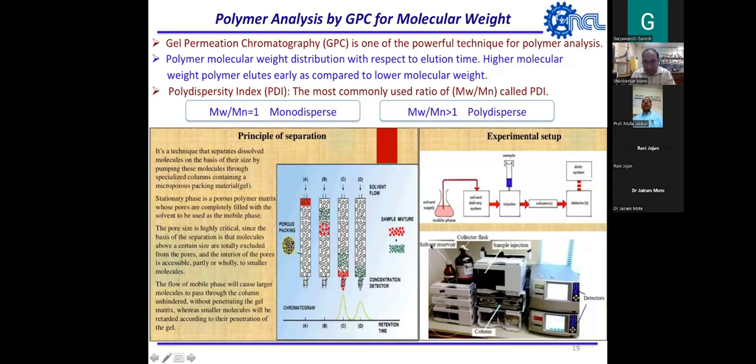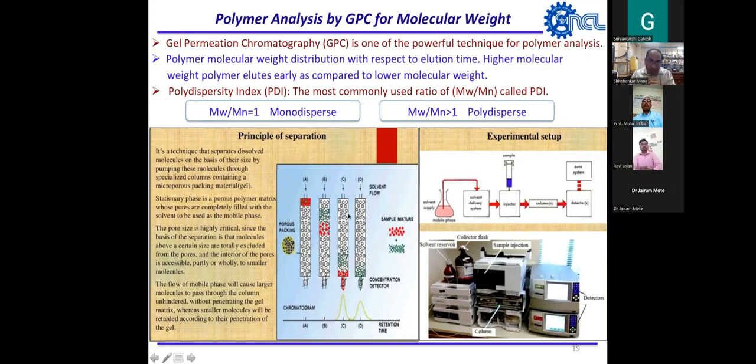So this is the machine. Particularly here you can see solvent reservoirs and solvent collectors. This is the sample injection and the columns are here, and these are the UV and RI detectors which can detect the signals.